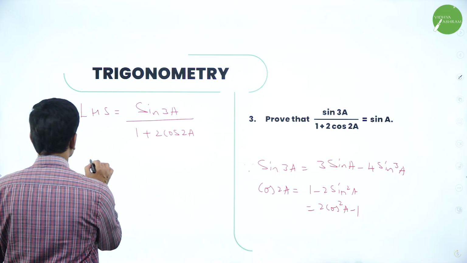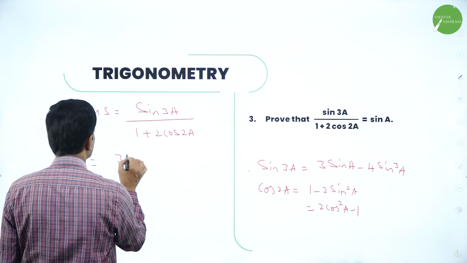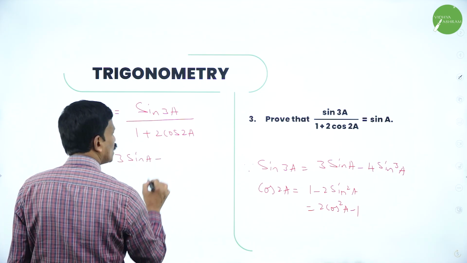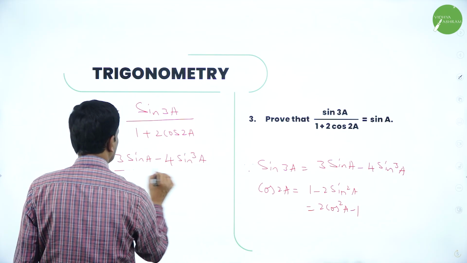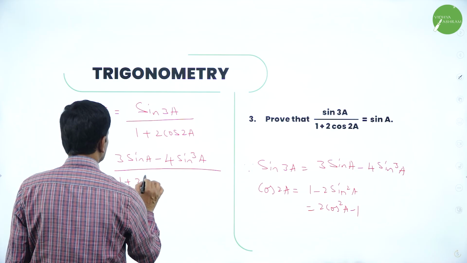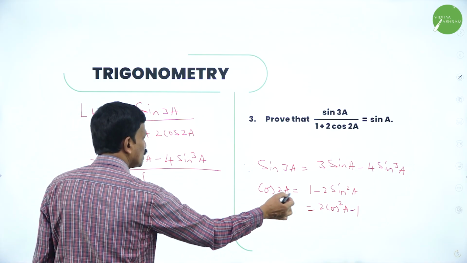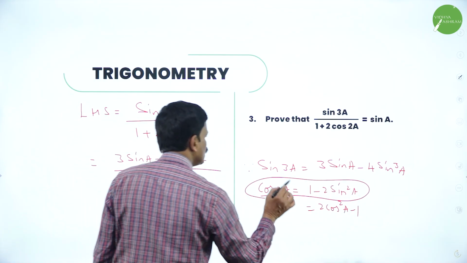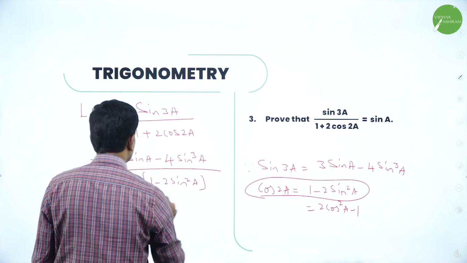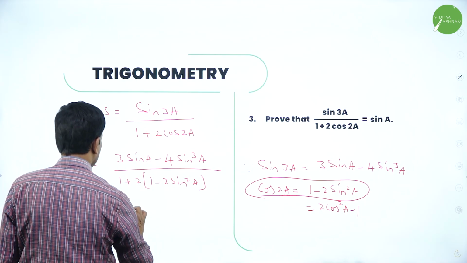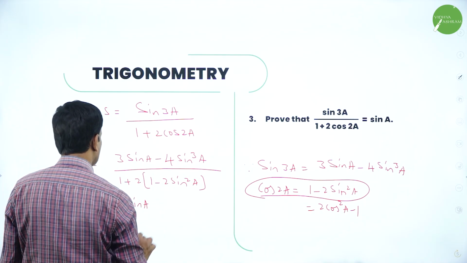Now, let us substitute here. Sin 3A is equal to 3 sin A minus 4 sin cube A divided by 1 plus 2 into cos 2A. For cos 2A, make use of this formula, that is 1 minus 2 sin square A. Now, in the numerator, you can take the common factor. Sin A is the common factor.